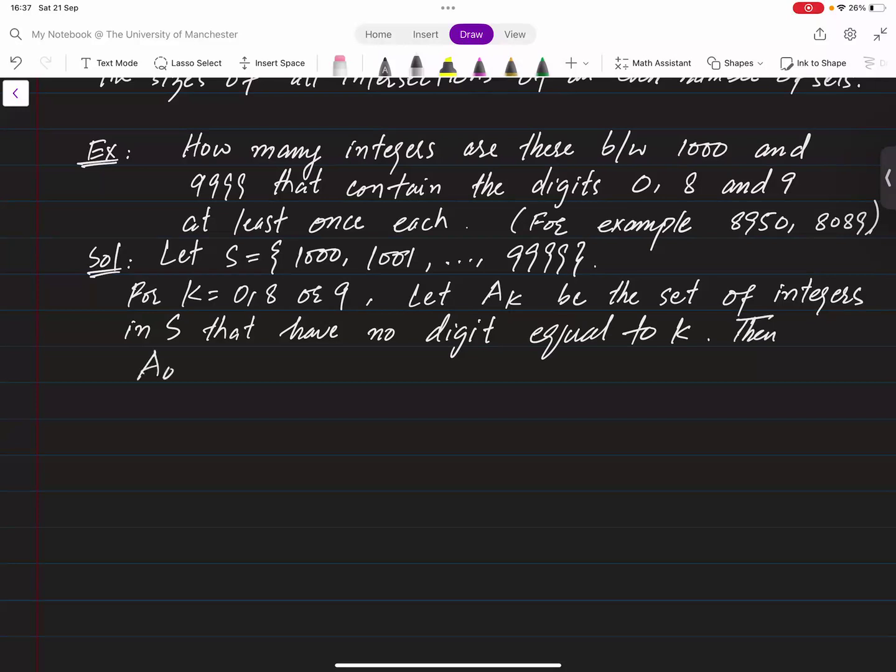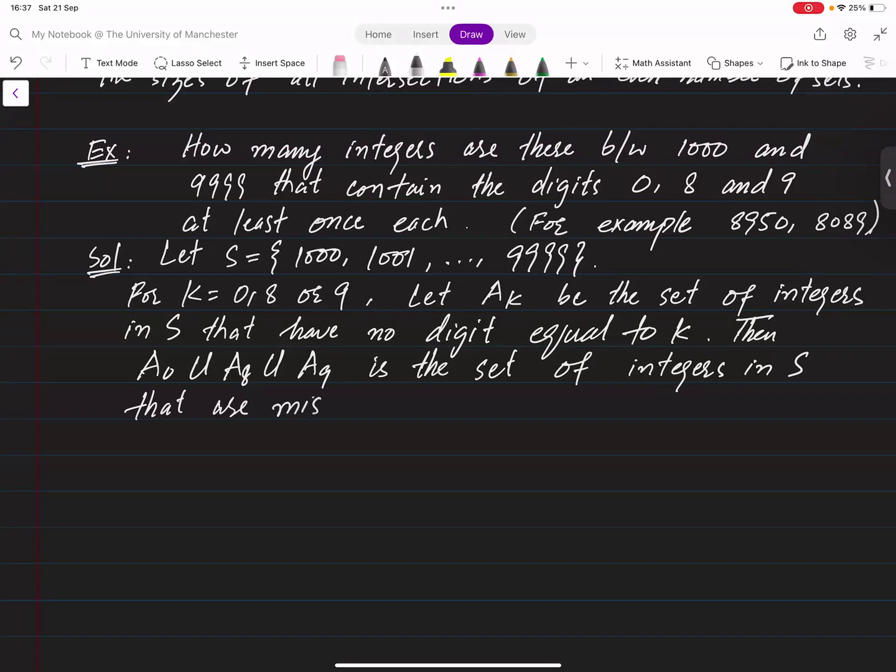Then A0 union A8 union A9 is the set of integers in S that are missing either 0, 8, or 9.